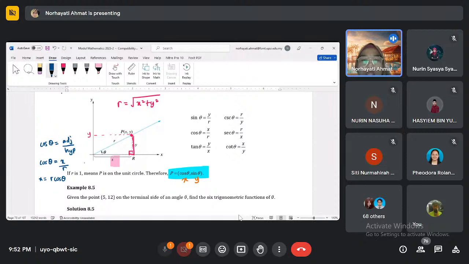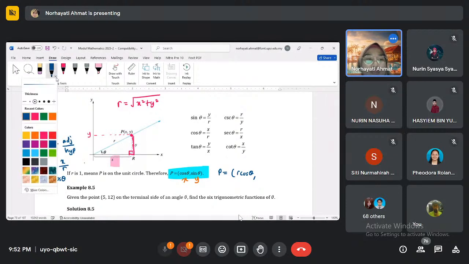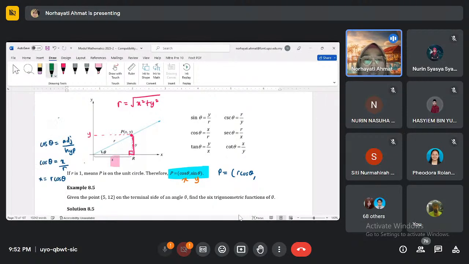Sepatutnya this one P is equal to R cos theta, and Y, how to get Y? We use anything that relates theta with opposite and hypotenuse.